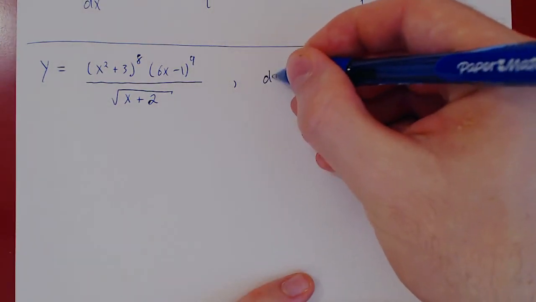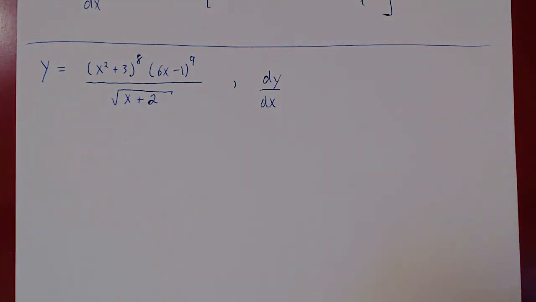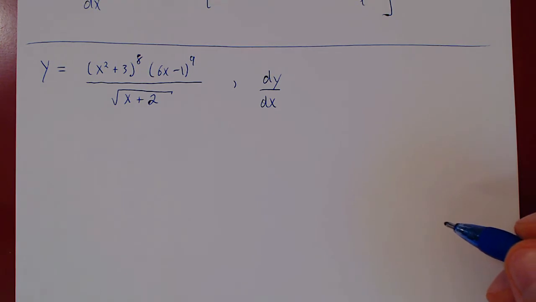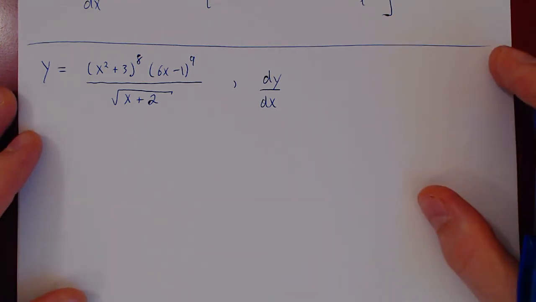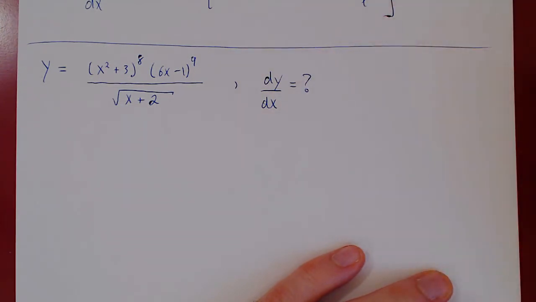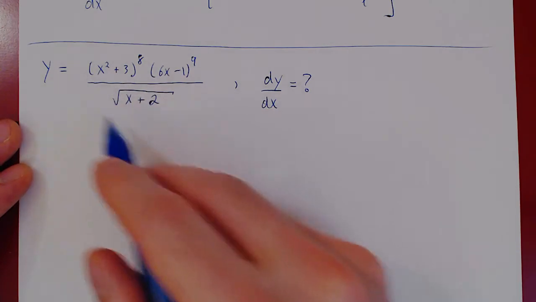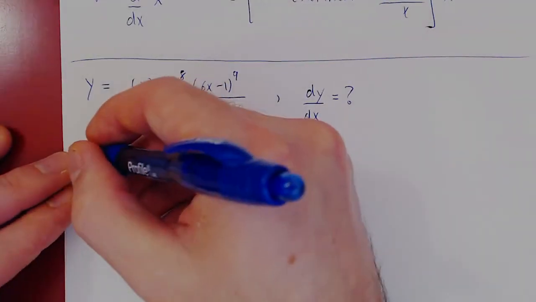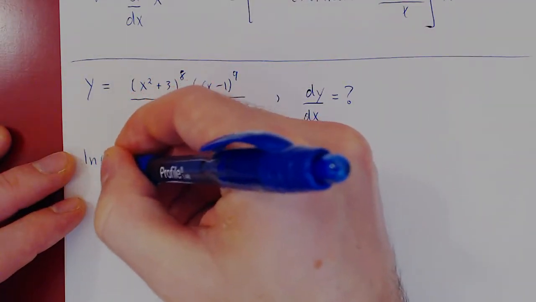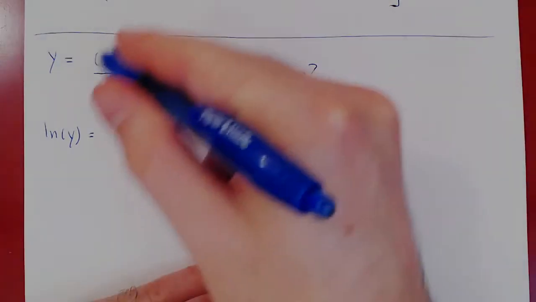So here, as before, we want to find dy over dx. But remember here, and in this case we'll use all three properties. We want the derivative. So let's take ln on both sides and then simplify the expression. So we have ln of y will equal the ln of this expression.